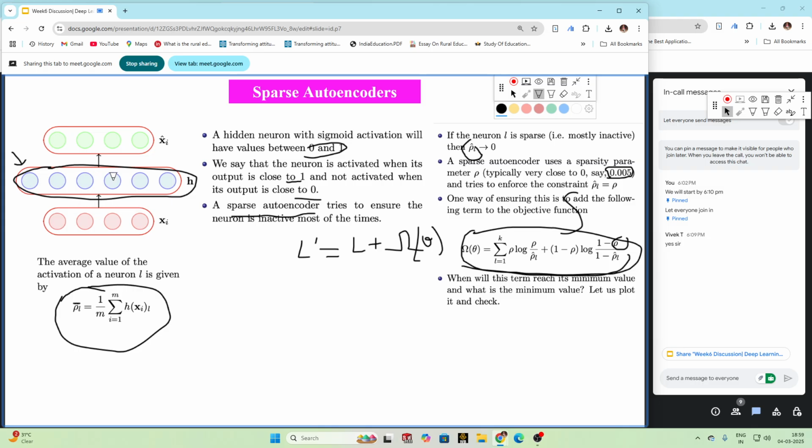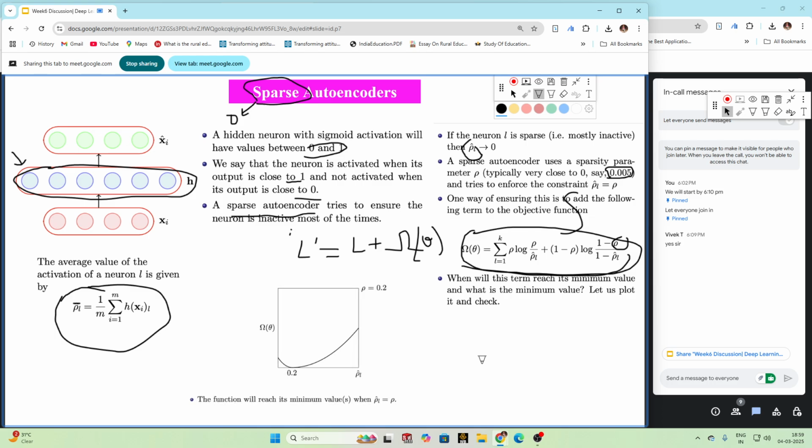If most of the neurons in the hidden layer are sparse, meaning most of the neurons will give an output of 0, then that will ensure that our model will not learn the features of the input well. That is known as a sparse autoencoder. In the sparse autoencoder, again we are increasing the loss by this sigma theta term.